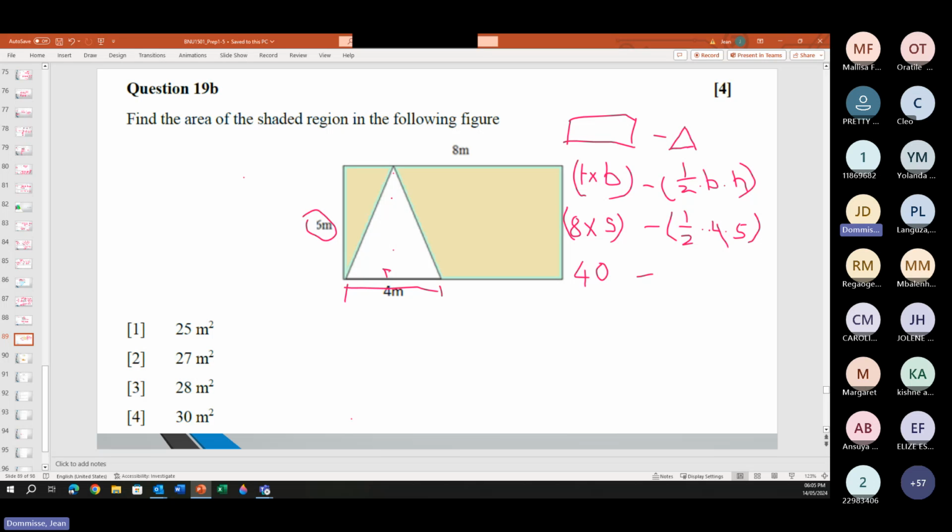So a half times 4 is 2. 2 times 5 is 10. So 40 minus 10 is 30. So the yellow area is 30, the white area is 10, and the whole rectangle is 40.